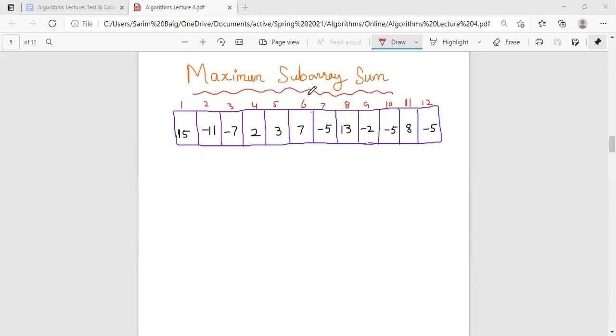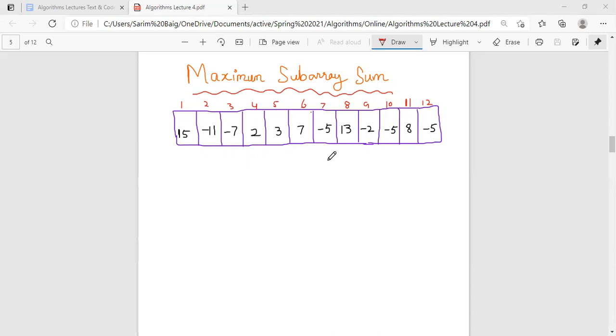Now, I just gave you one example where we need to find a maximum subarray sum, but it's also very widely applicable in other areas. Maybe even one classical example is image processing.